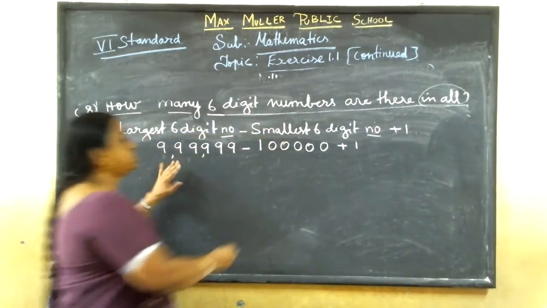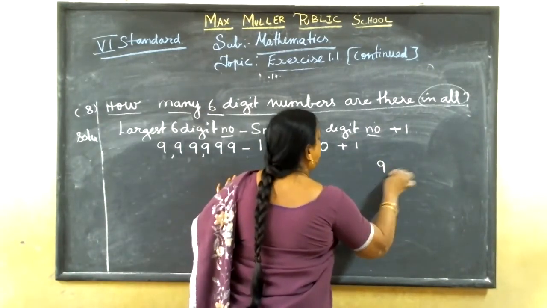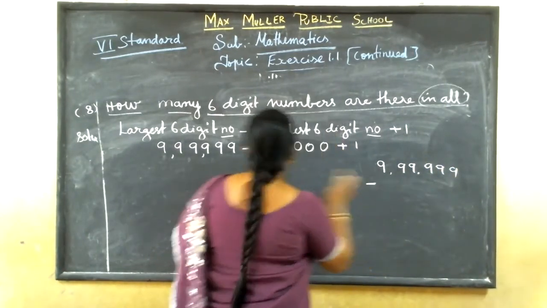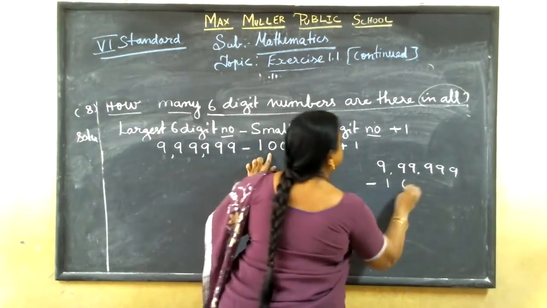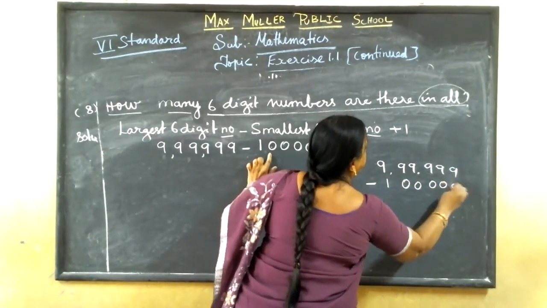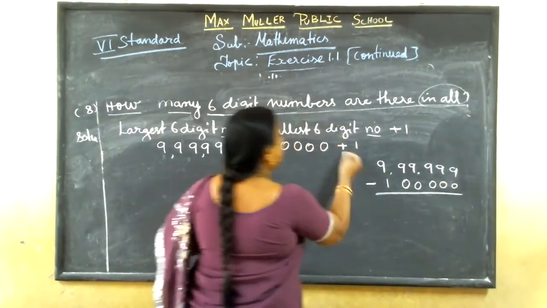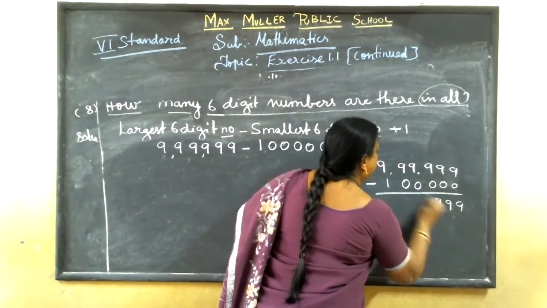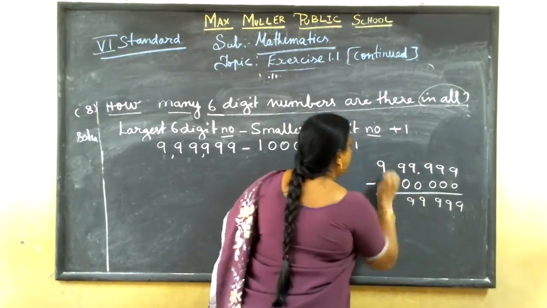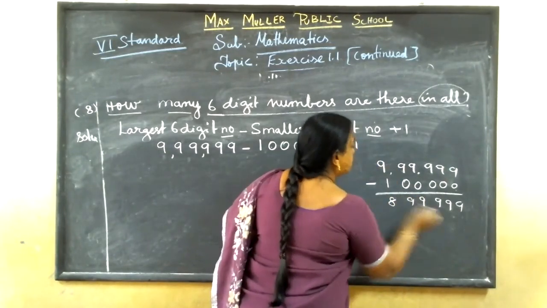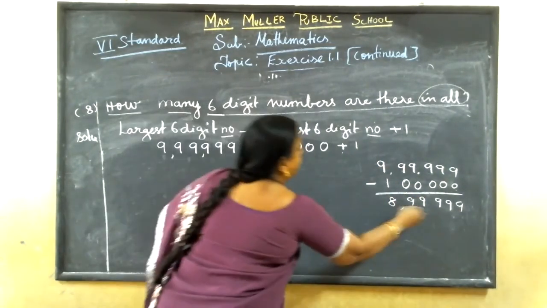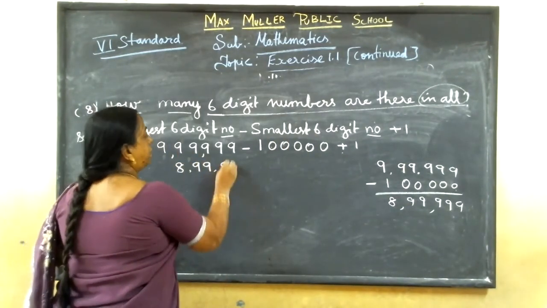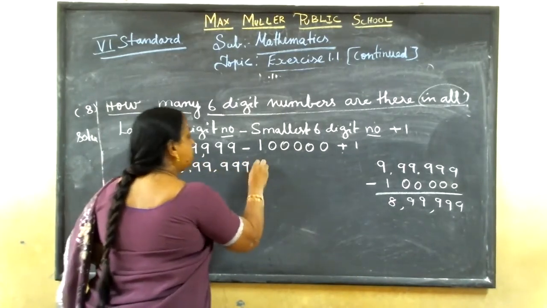So we'll go for this in the working column. 9,99,999 minus 1 lakh. So first subtract this, then add. So 9 minus 0, 9, 9, 9, 9, 9 minus 1 is 8. So we got 8,99,999 plus 1.